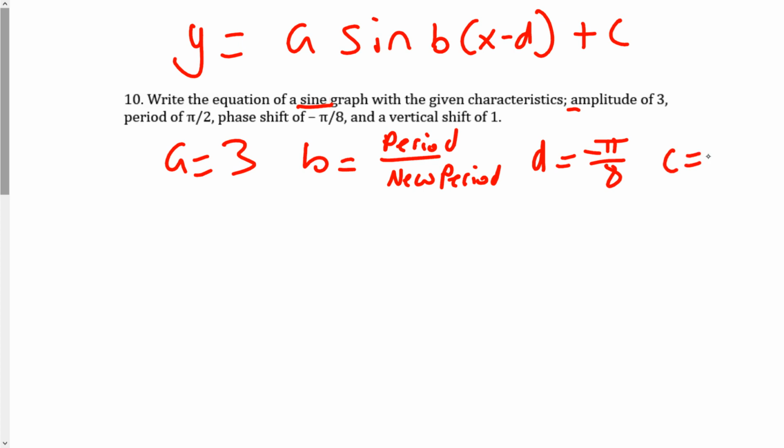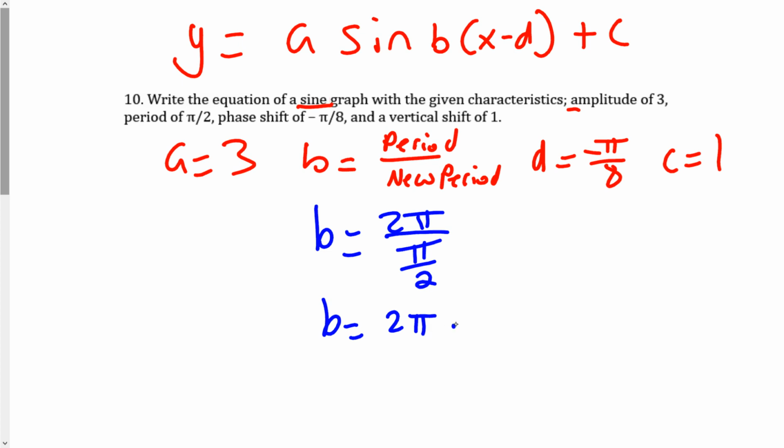And then vertical shift is your C, which is 1. Okay, so the hard work is the period, so we take our traditional period of sine, which is 2 pi, and then we divide that by the period that they give us, which is pi halves. Okay, and when I divide by pi halves, that means I'm multiplying by 2 over pi. So the pi's should cancel, so we get b equals 4. Okay, now we can write our equation.